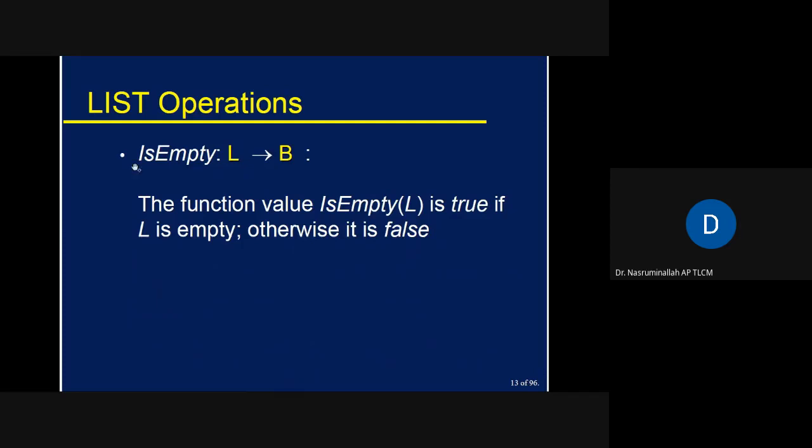So isEmpty is a very important operation, and to this operation you pass the list and it will return a Boolean value, true or false, representing whether the passed list is empty or not.